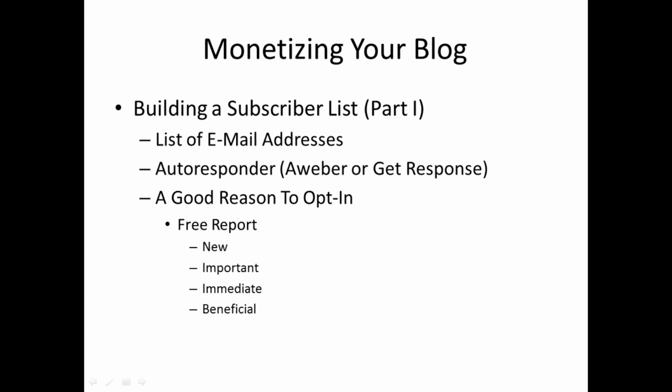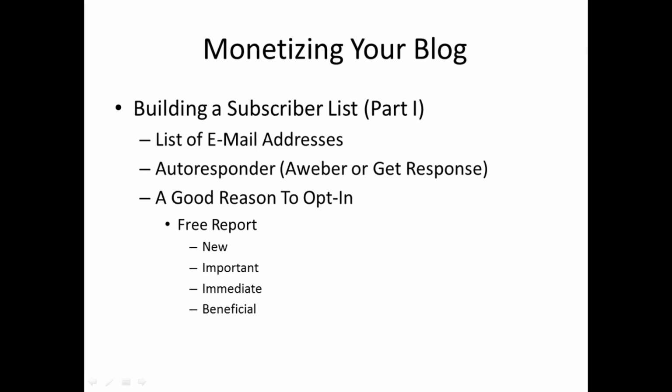Now, there are several ways to monetize a list, but one of the ways you want to think about this is that when you have a list of names and email addresses, every time that you create new content, you can literally send thousands of subscribers to see your actual post and to react to it.